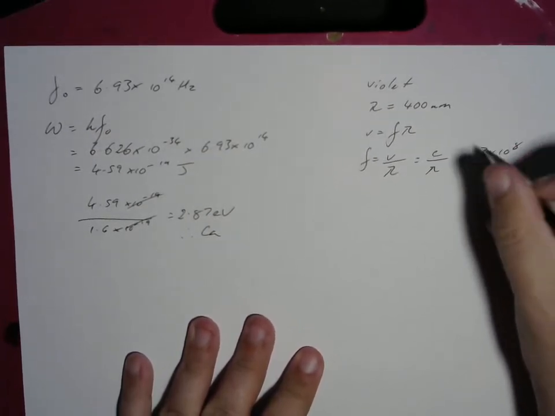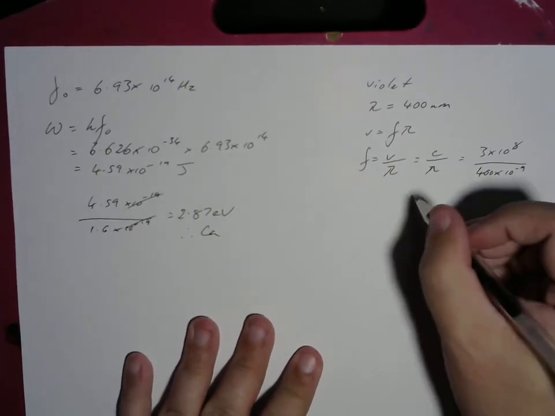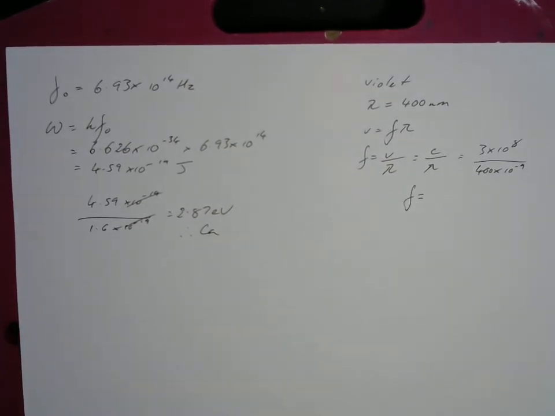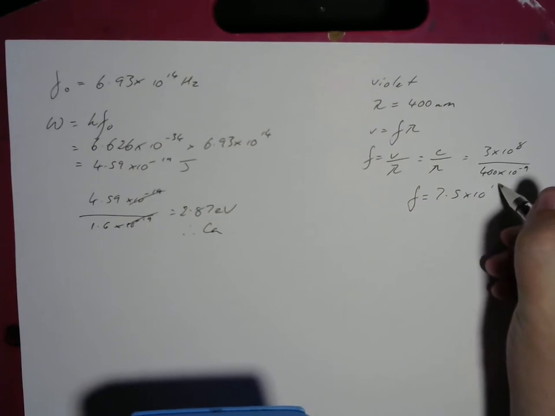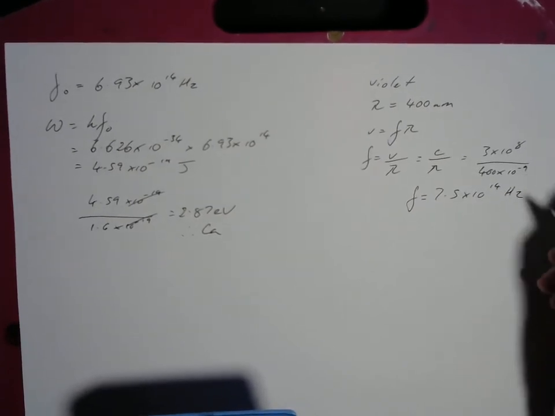Remember, nanometers is 10 to the negative 9. So our frequency, 3 times 10 to the 8 divided by 400 times 10 to the negative 9, is 7.5 times 10 to the 14 hertz. So that's the light that's being shone onto it.